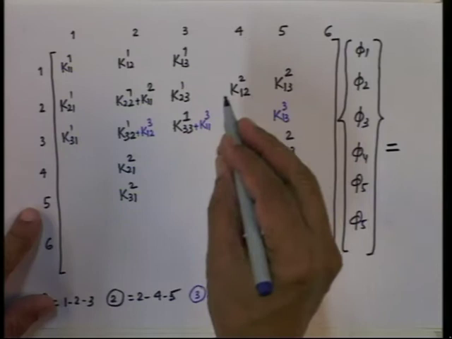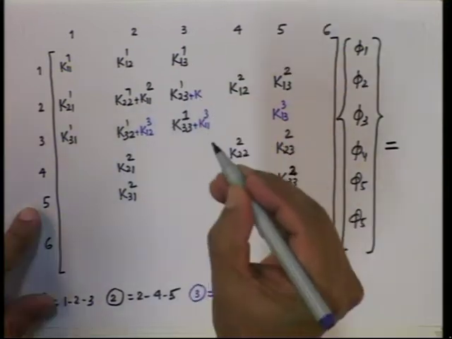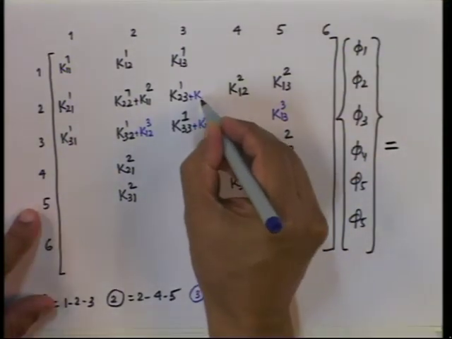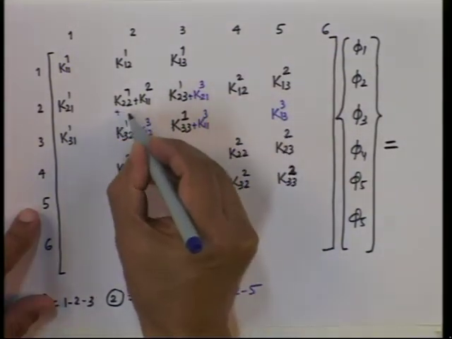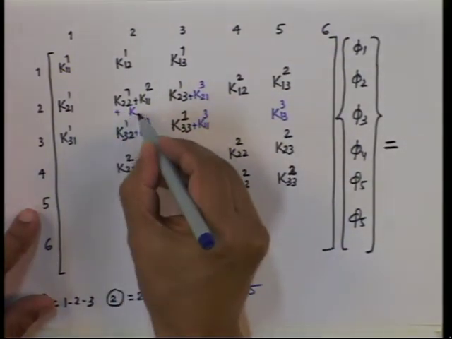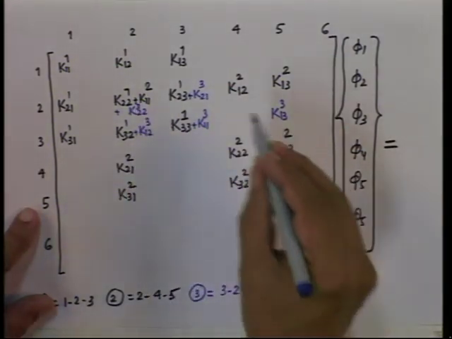So, then here it will be k 2 1, then here k 2 2, 3 and 5.